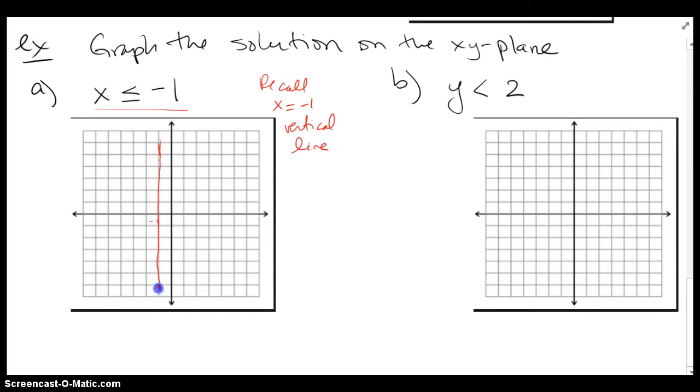And since there's an equal sign with my inequality, this border is going to be a solid line. Now look at what the inequality says. It says x has to be less than -1. So I'm going to end up shading everything to the left of the line x equals -1. So the solution is everything to the left of this line.